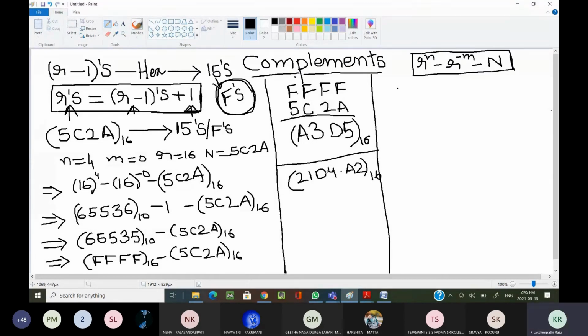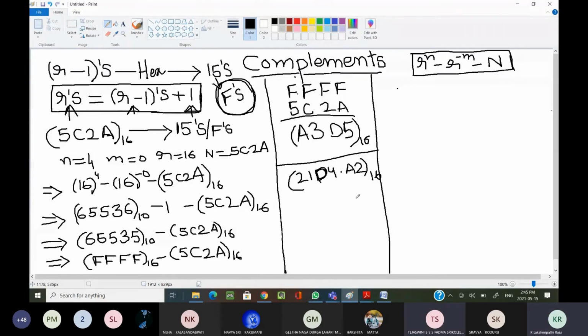21D4.A2. This is not 0. If someone is thinking it is 0, you are wrong. It is a D. 21D4.A2. Why are you taking this much time?